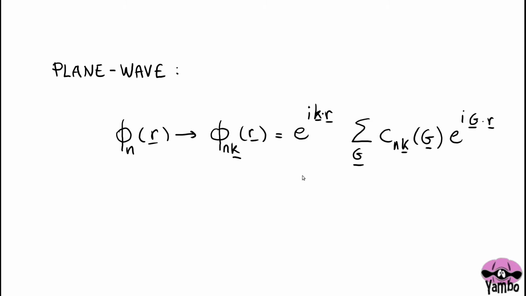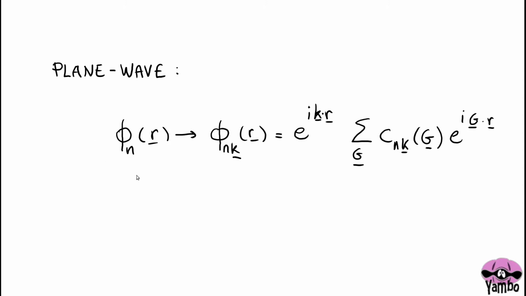And then this is the expansion into plane waves. G is the reciprocal lattice vector, so we have, in principle, an infinite sum over reciprocal lattice vectors.